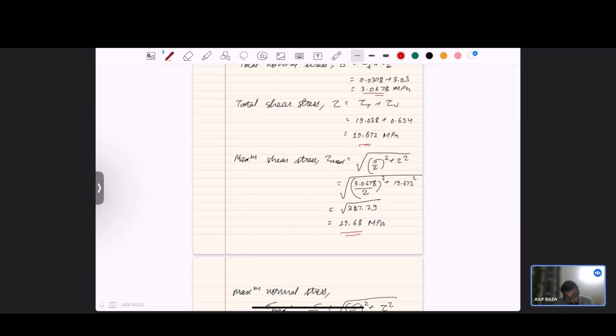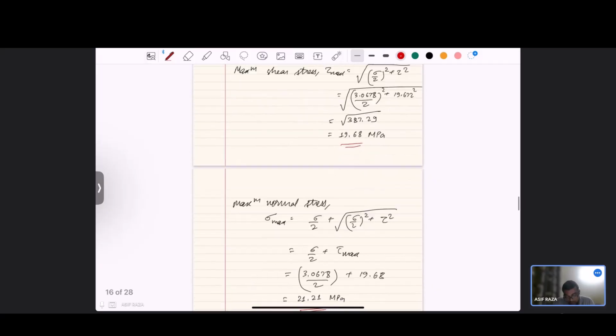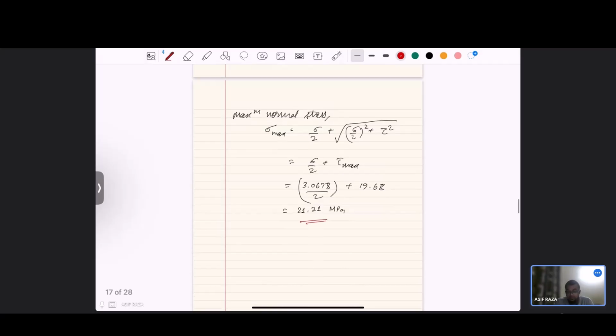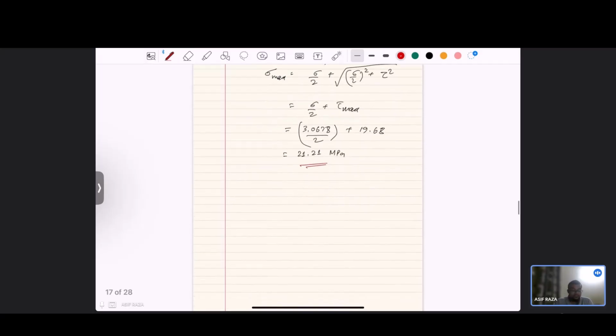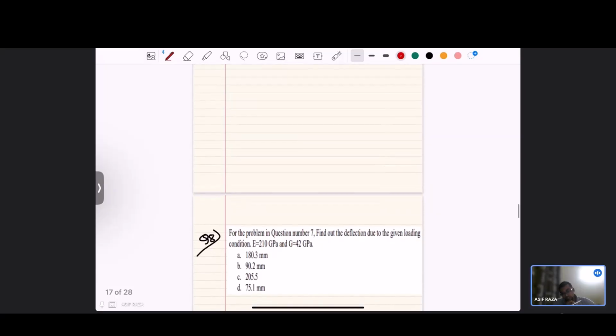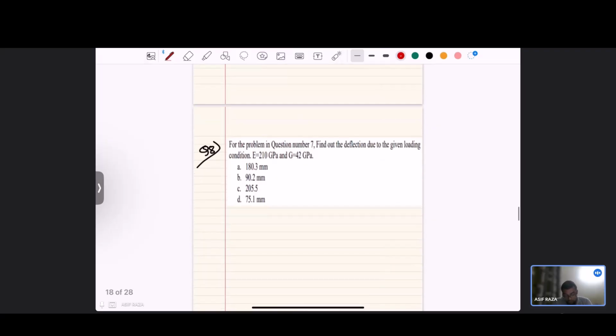Sigma by 2 whole square plus tau square, we take this root, we get the maximum shear stress, and the maximum normal stress is sigma by 2 plus or minus the root of sigma by 2 whole square plus tau square. Okay, please go through this carefully. This is a very good question, I'd say.